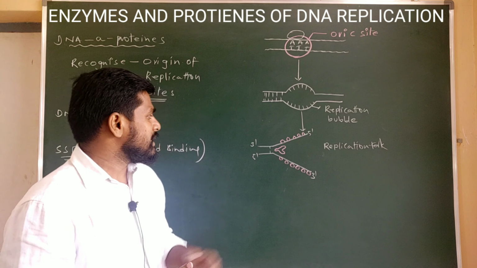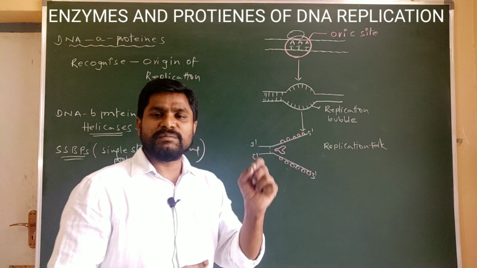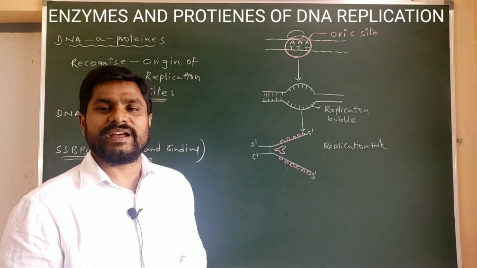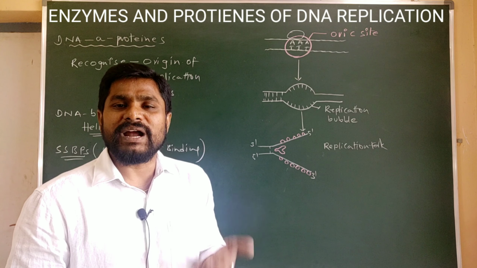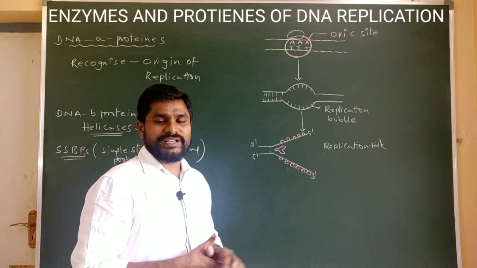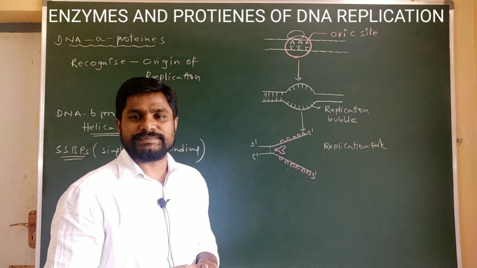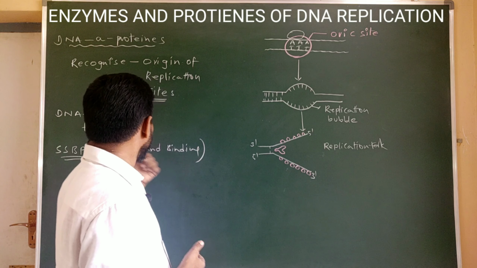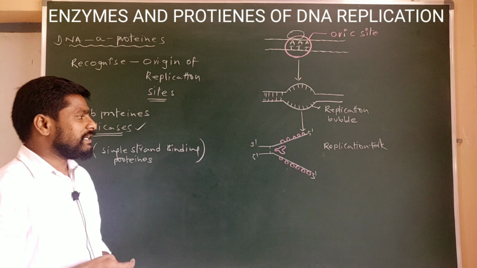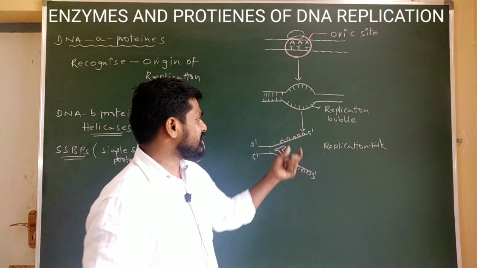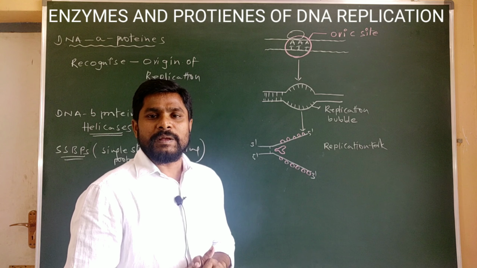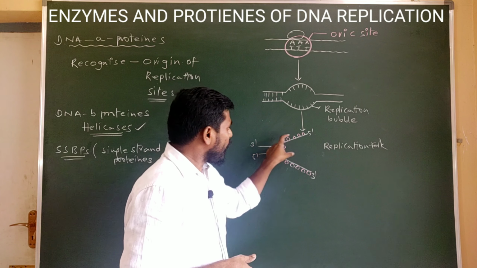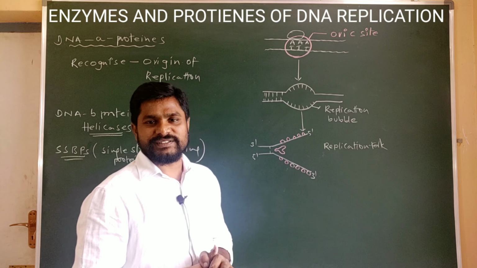That means binding of single stranded binding proteins to these single strands initiates and accelerates the further binding of the remaining proteins faster. And when we come to the function of these single stranded binding proteins, they stabilize these extended single stranded stretches of the replication fork by preventing the recoiling of these two strands.